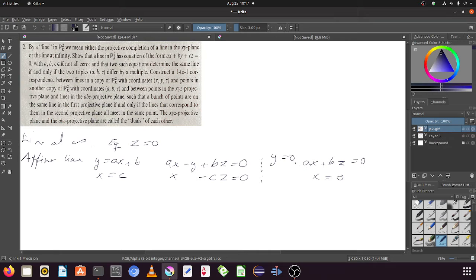Maybe we should rather put x equals 0. Then the equation becomes y equals bz, and cz equals 0. This one is easy. z equals 0.